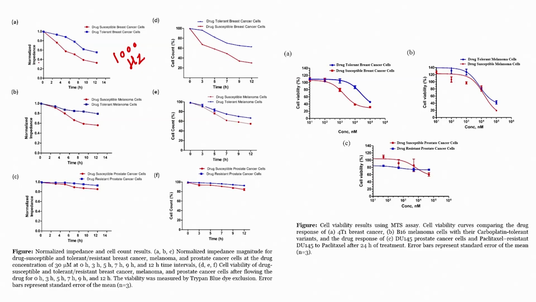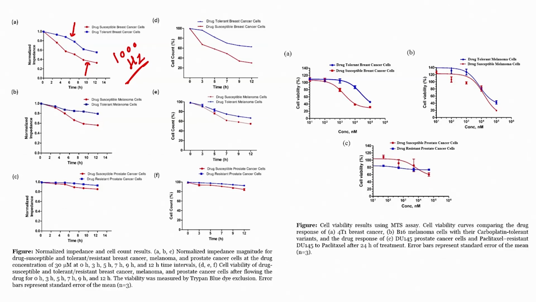When we plot normalized impedance versus time for drug susceptible and drug tolerant breast cancer cells measured at 1000 hertz frequency, we can see that for drug tolerant cells the impedance change is less compared to drug susceptible cells. Red one is drug susceptible, blue one are drug tolerant cells.